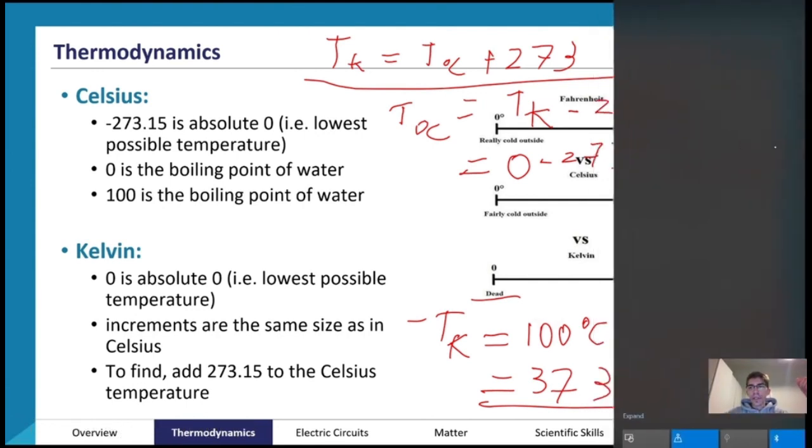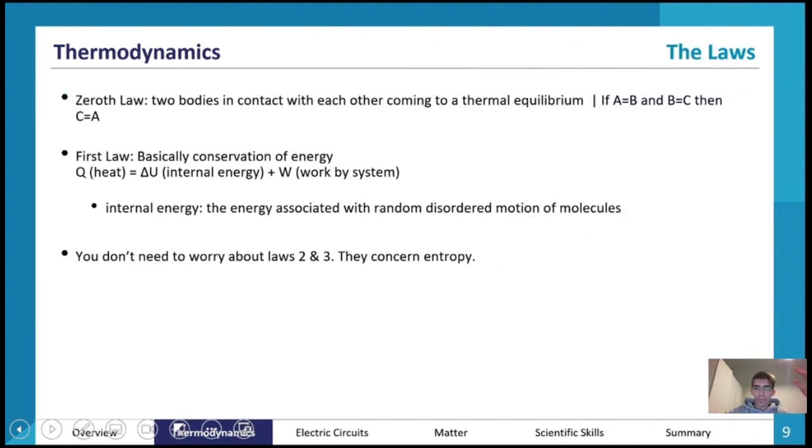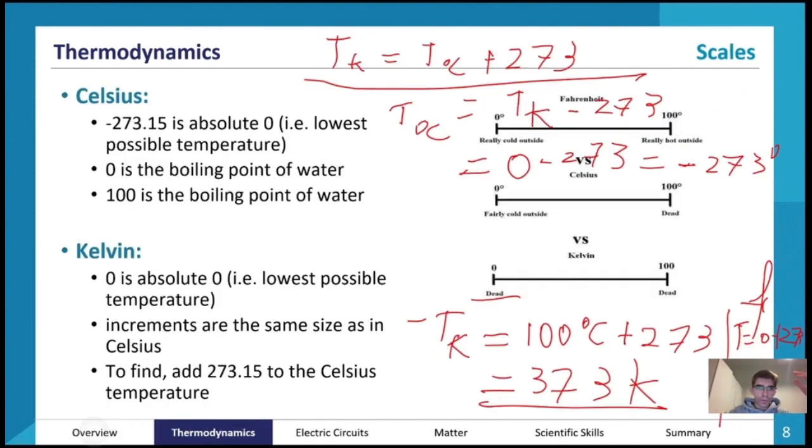So just to put everything into perspective, negative 273 degrees Celsius is the lowest temperature possible.